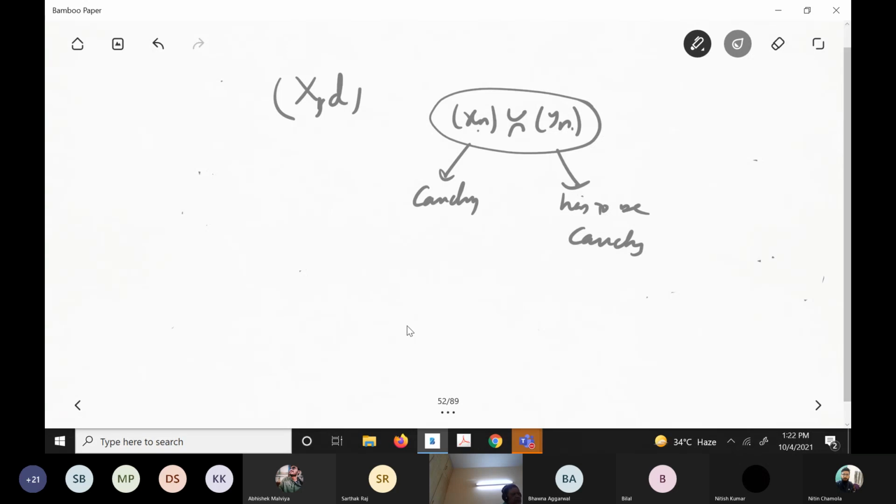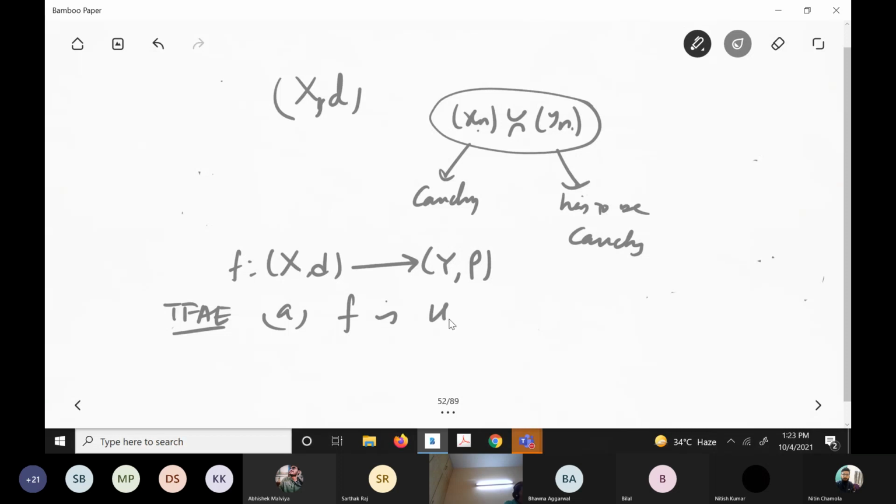Now, what is the sequential characterization of uniform continuity that I have given? Suppose you have this, then the following are equivalent. A: f is uniformly continuous, U for uniformly and C for continuous.